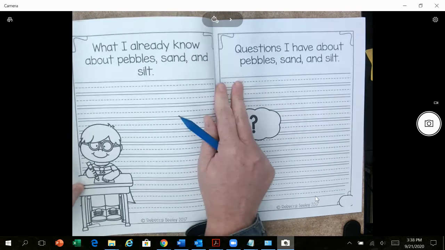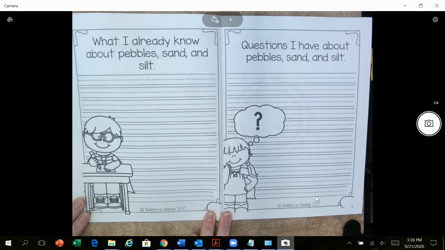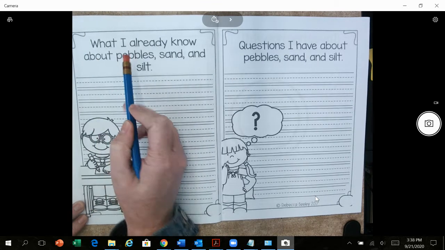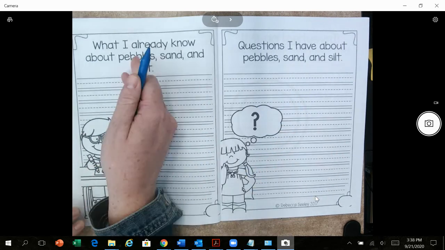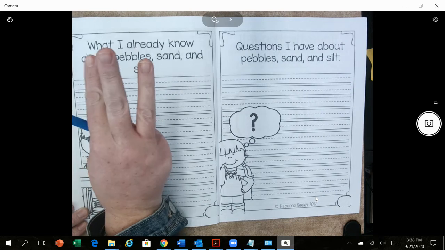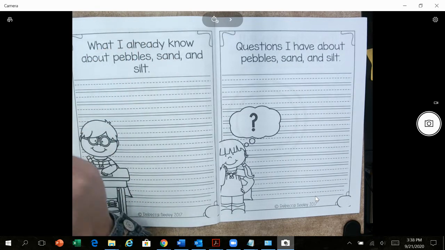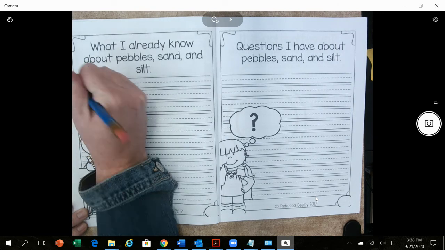What I'm going to have you guys do is open up to these two pages. We have a page that says what I already know about pebbles, sand, and silt, and questions I have about pebbles, sand, and silt. So I want you to write three things about what you already know about pebbles, sand, and silt. I'm going to write one to show you.